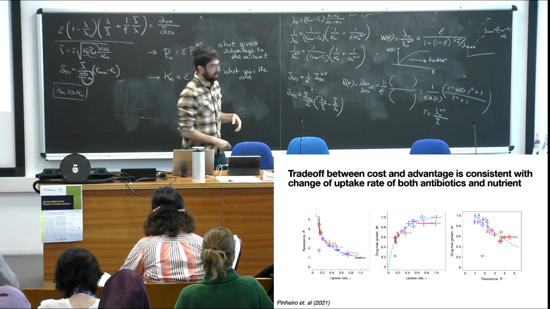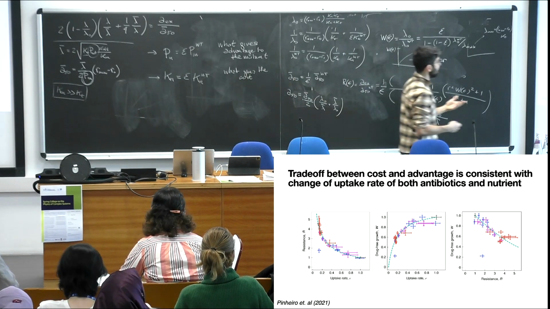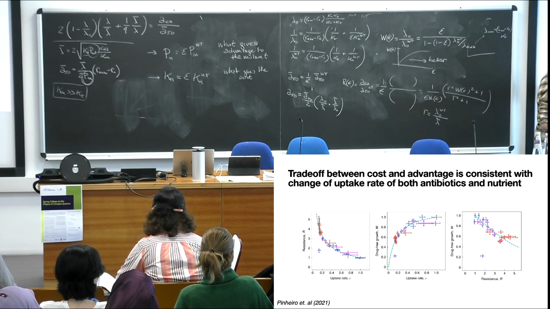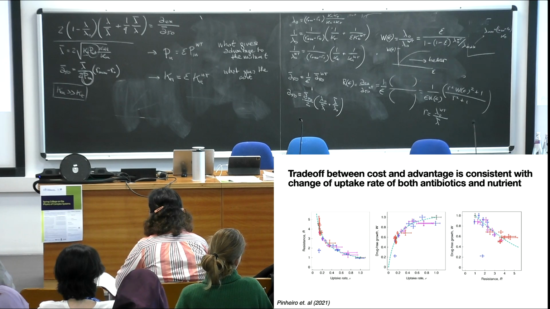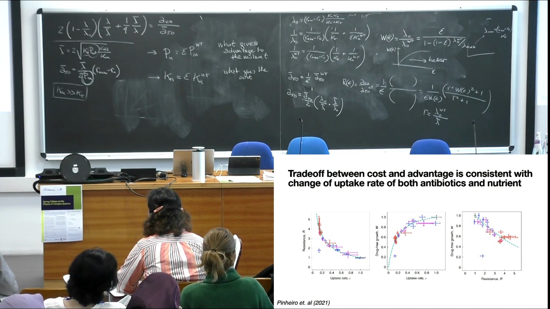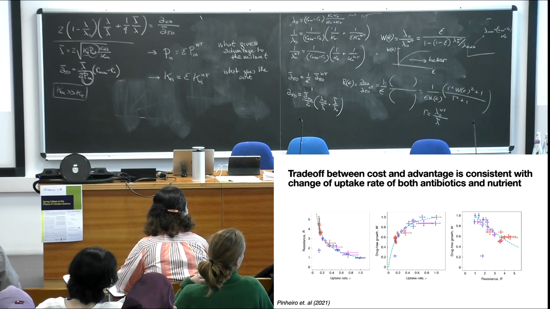What you find is that you can reproduce this resistance, which is the value of the inhibitory concentration as a function of the inferred epsilon, and the growth in absence of the drug as a function of this epsilon that you fitted from the data. Okay? So these plots tell you that the model is good enough to be able to reproduce the data. Right? It's not really a test.